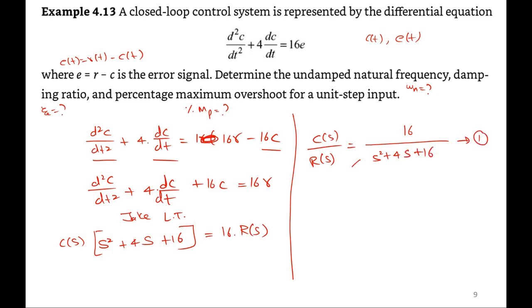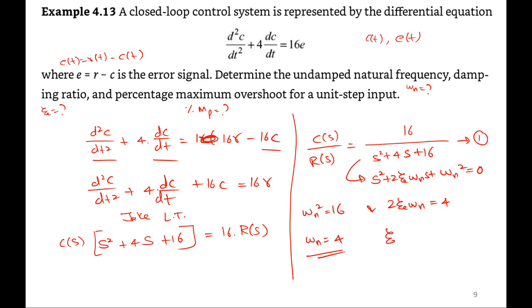Then compare this denominator polynomial with the standard second order equation s square plus 2 z omega n s plus omega n square equal to 0. After comparing, I get omega n square equal to 16 and 2 z omega n is equal to 4. So omega n, root 16, is 4, right?